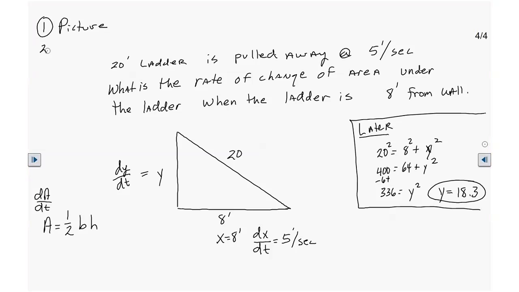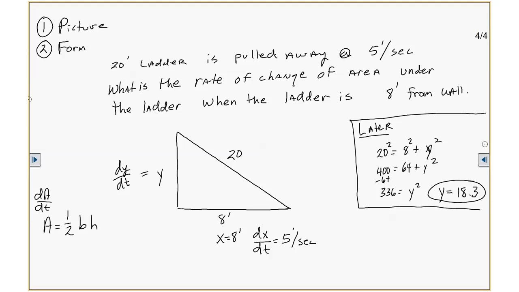Second thing you're going to do is define the formulas that you're going to be using. Third thing you're going to do is set up the formula and set up the derivative. And then once you set up the derivative, you'll start seeing what you have and what you don't have.